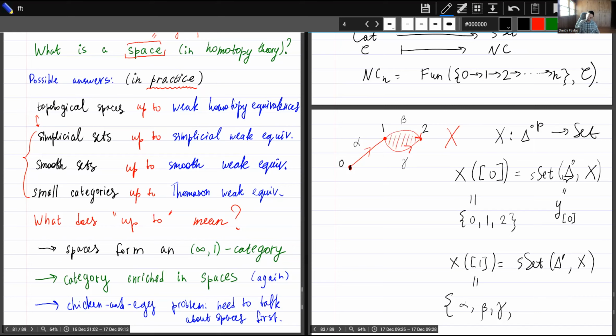For example, the map from delta 1 to X whose image lands inside 0 is called S0 of 0, and likewise for 1 and 2. So in addition to 3 maps that you see immediately in the picture, you also have 3 degenerate maps where you map a one simplex to a single vertex.